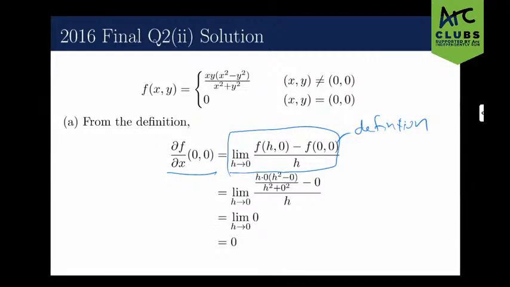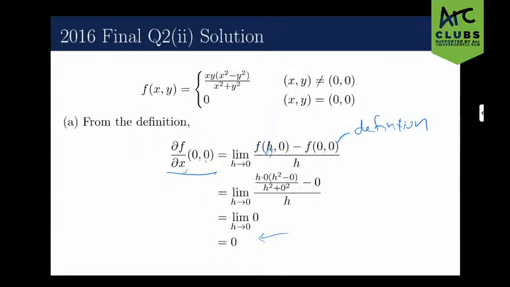So I'm taking the partial derivative with respect to x. The y coordinate, I don't care, that's just 0. But for the x, I give it h, and look at what happens when h approaches 0. So here I need to use the definition of the partial derivative rather than just doing it directly.